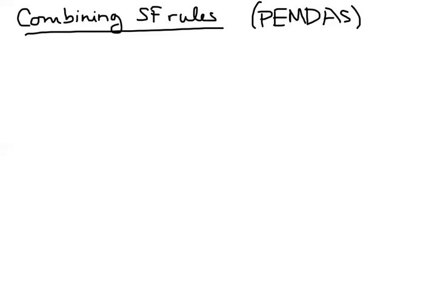So let's go through and start with an example. 3.489 times (5.67 minus 2.3). According to PEMDAS, what do we do first?